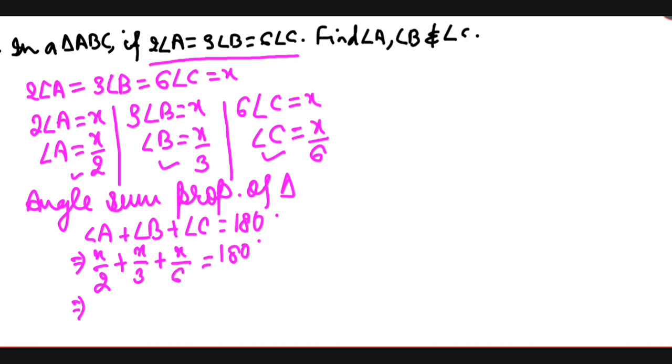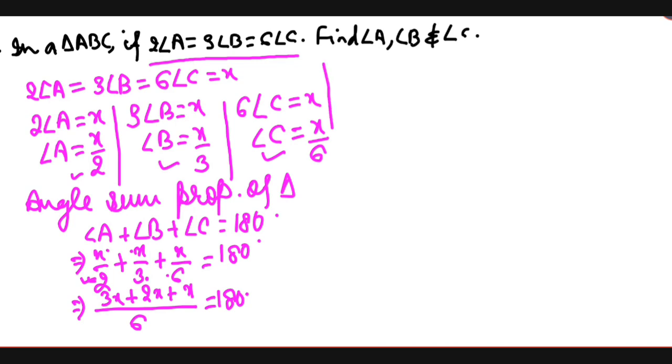Now when we take the LCM of 2, 3 and 6, we get LCM equal to 6. 6 divided by 2 is 3, and 3 multiplied by X is 3X, plus 6 divided by 3 is 2, and 2 multiplied by X is 2X, plus 6 divided by 6 is 1, multiplied by X is X, equals 180 degrees.